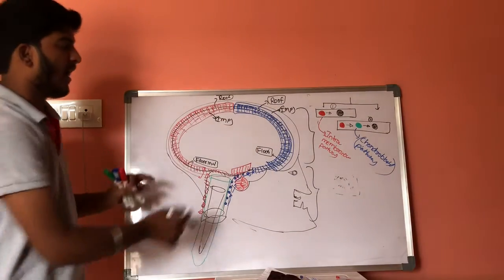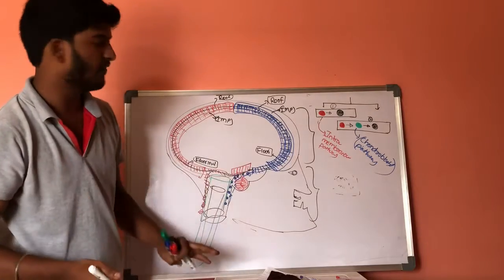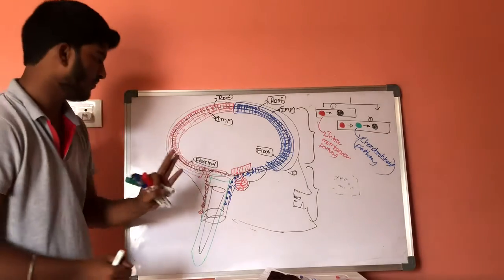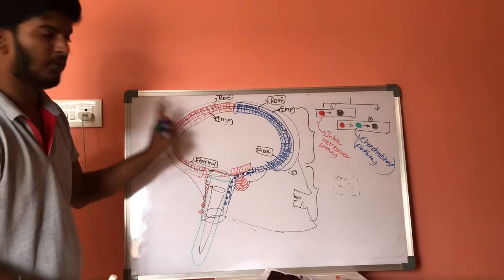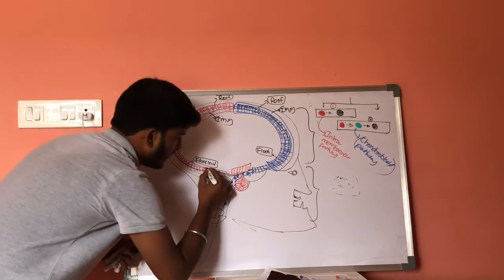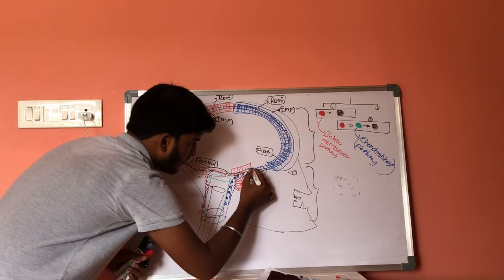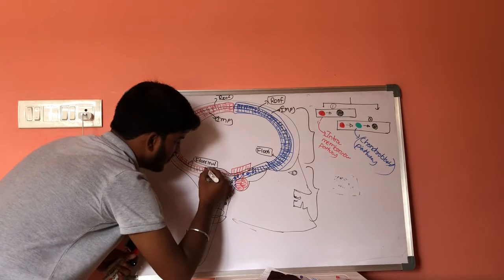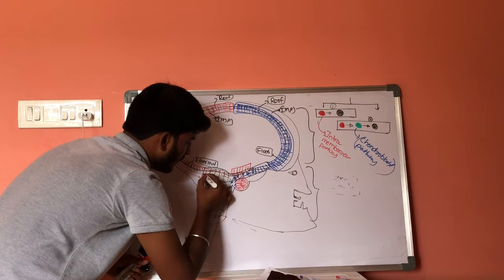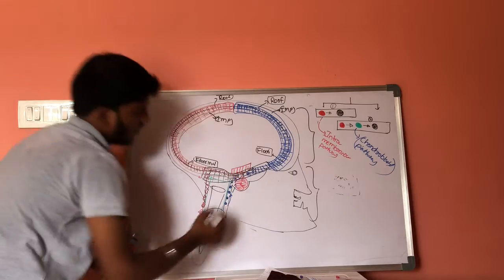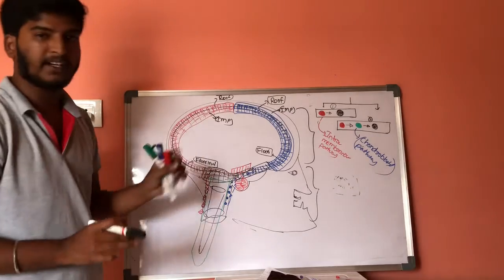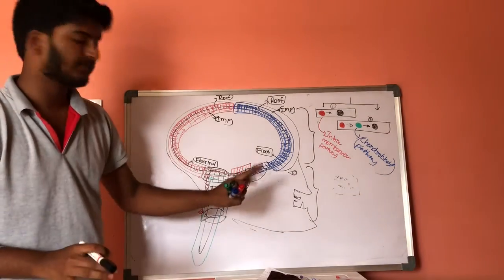So our frontal part has converted into bony structure, and this posterior part is also converted into bony structure. Now, our remaining part is the floor of the brain.